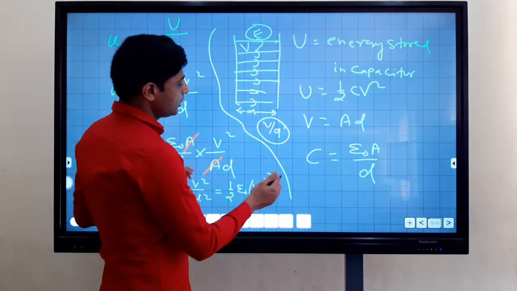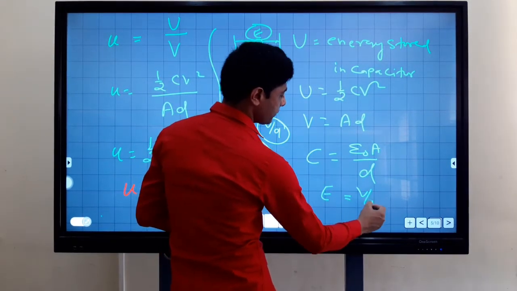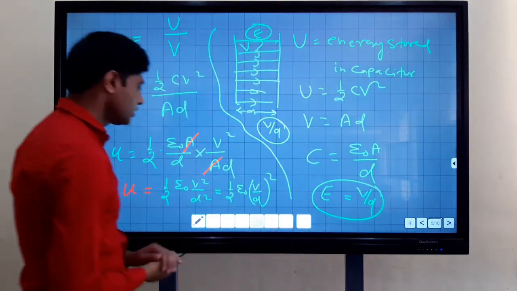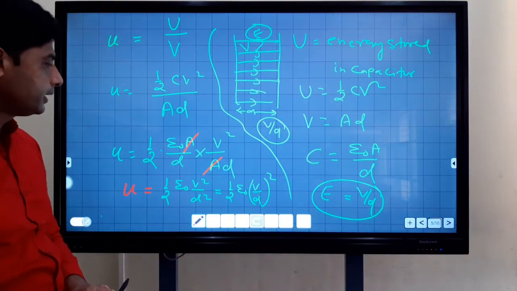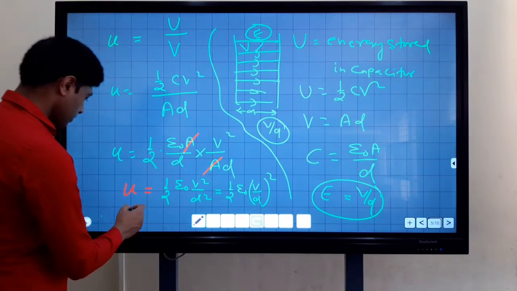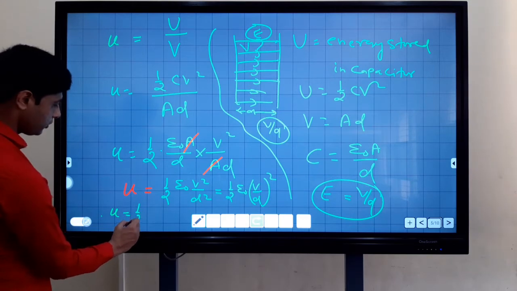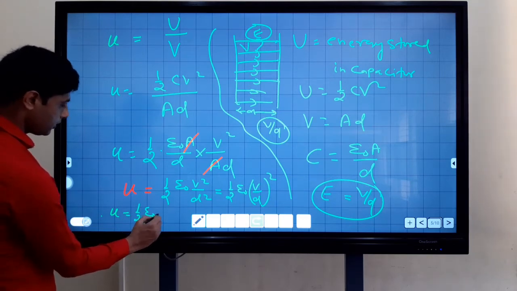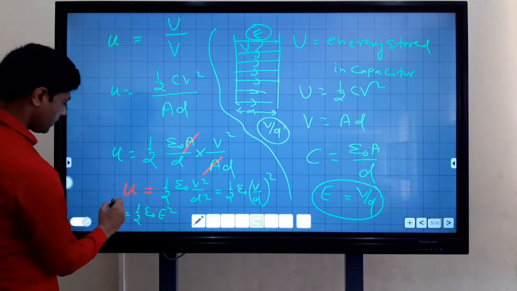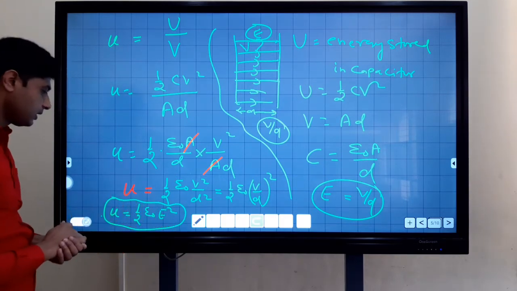Or as you know, the potential gradient is equal to the electric intensity. It means E equals V upon D. So u equals 1 upon 2 epsilon naught E square. It is the value of energy density.